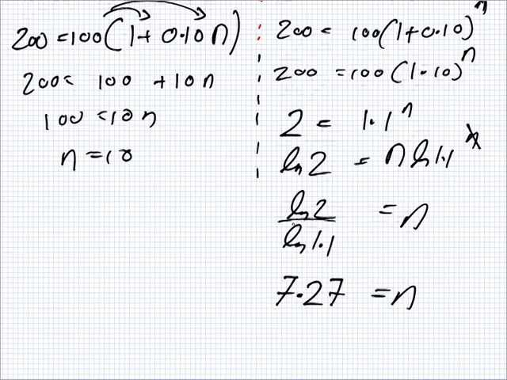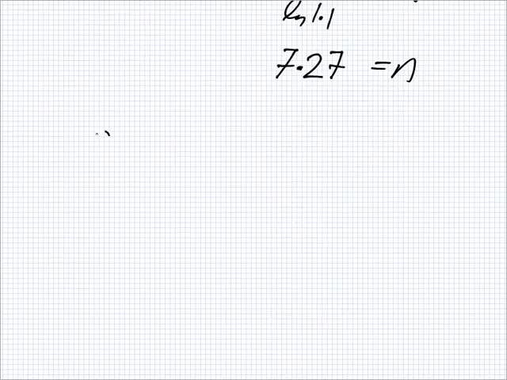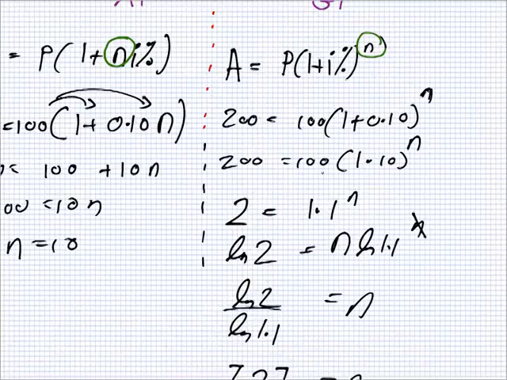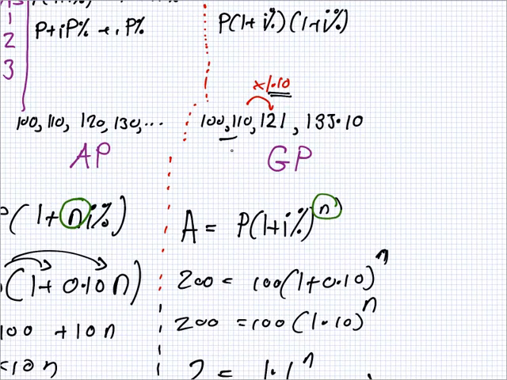So just briefly to summarize this part, simple is like an AP and compound, you should think of it as a GP problem. So for example, if I asked you to add all of these together, what formula would you use?